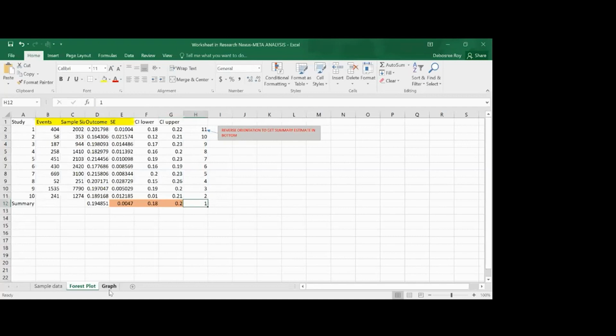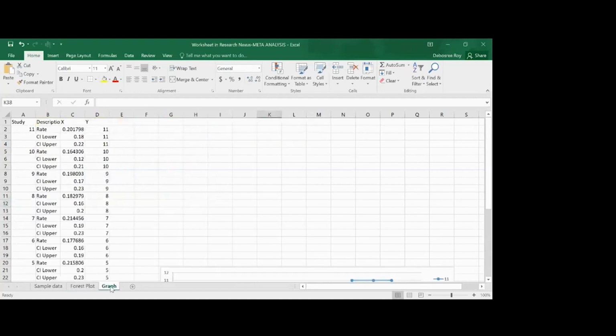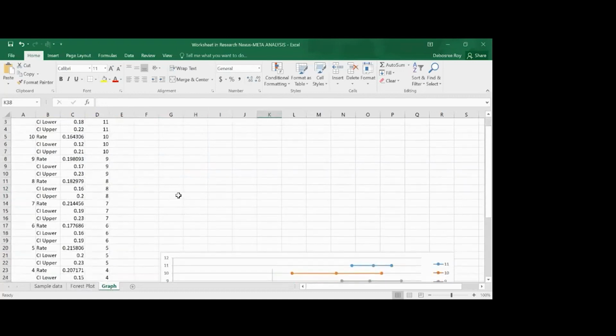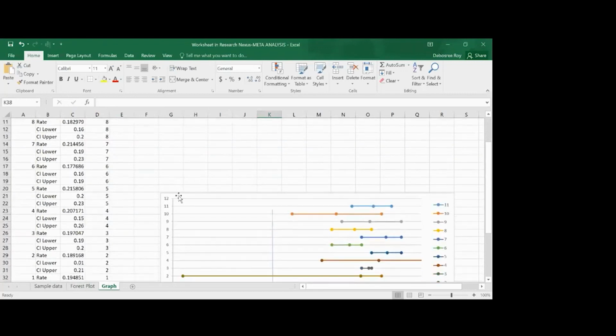So there are several ways to compute a forest plot in Excel. I am not an Excel genius, and I don't know any of these hacks, so I had to reorder the data in this graph table in order to get this forest plot.